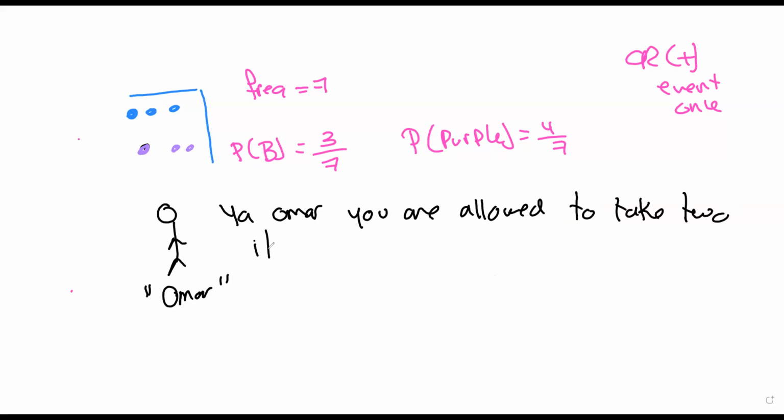Please focus on this, because it is very important. Let me just draw the box properly. There was one more purple, because they were 4 purple. Again, Omar, you are allowed to take 2 items.